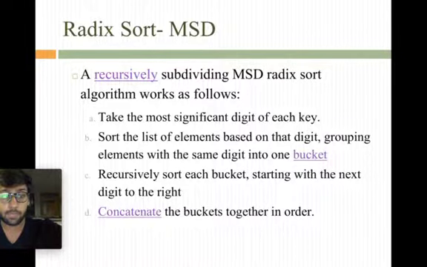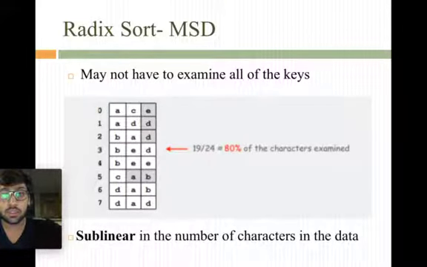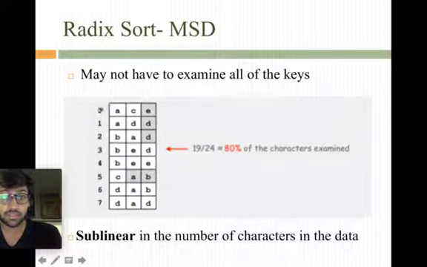Now suppose I have some strings and I want to order them. On the first pass of the algorithm, I will see that strings 0 and 1 get sorted into the first bucket. The strings 2, 3, and 4 enter the second bucket, the strings 5 and 6 enter the third bucket, and strings 6 and 7 enter the last bucket.